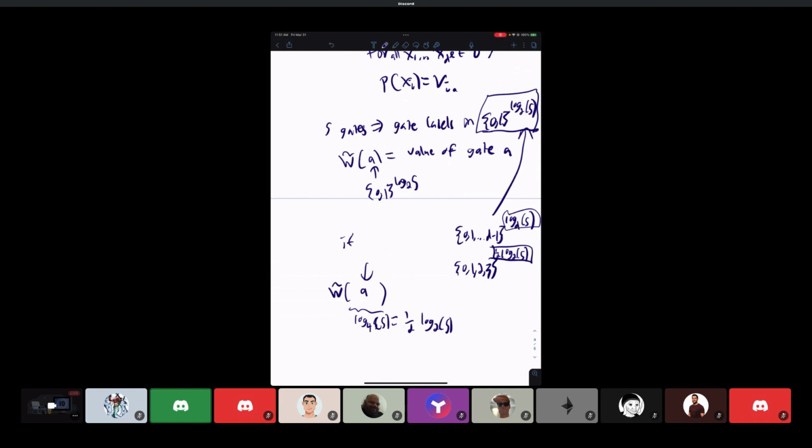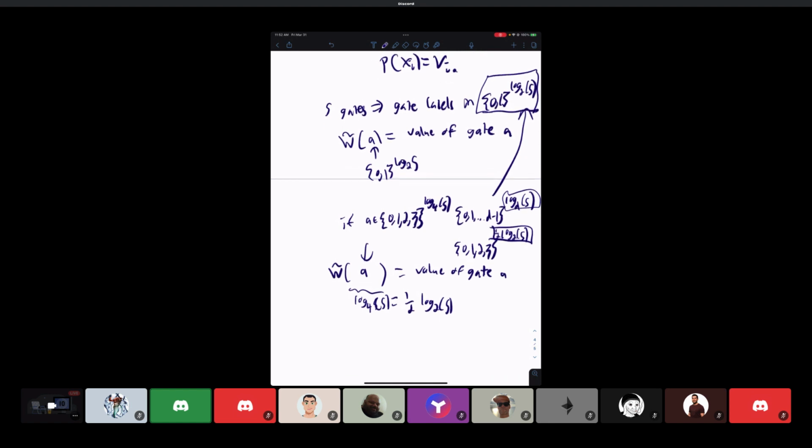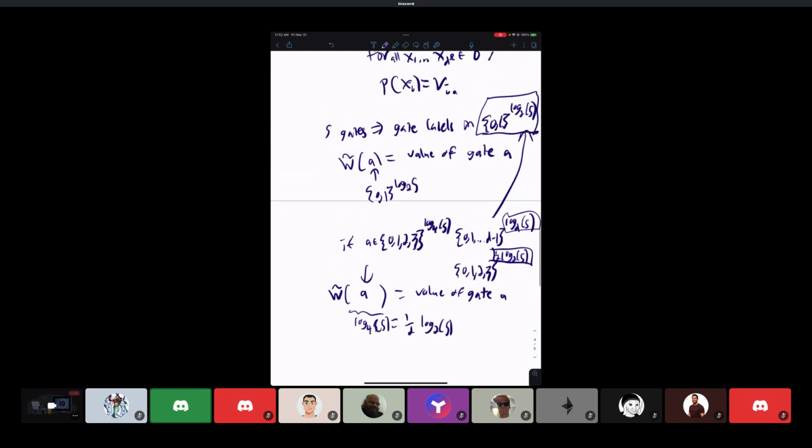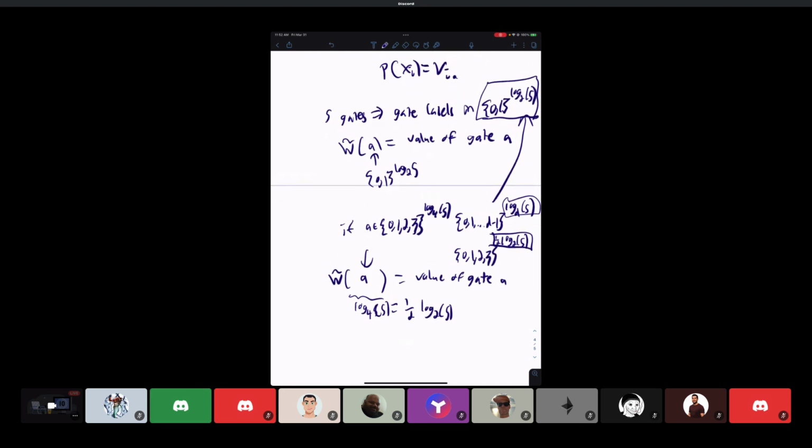Now if you feed this polynomial a gate label, where gate labels are in {0, 1, 2, 3}^(log base 4 of S) rather than {0, 1}^(log base 2 of S), you'd insist that it spits out the value of gate A. So the interpolation algorithms we saw last time for multilinear are the same algorithm this time. It's just that rather than the resulting polynomial having degree 1 in each variable, it has degree 3 in each variable. Does that make sense?